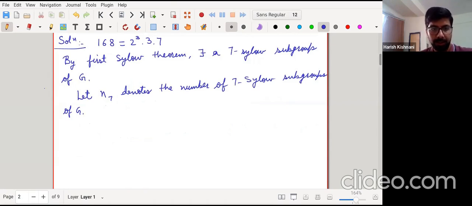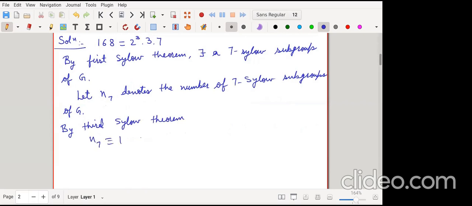By the third Sylow theorem, n7 has to be congruent to 1 mod 7.